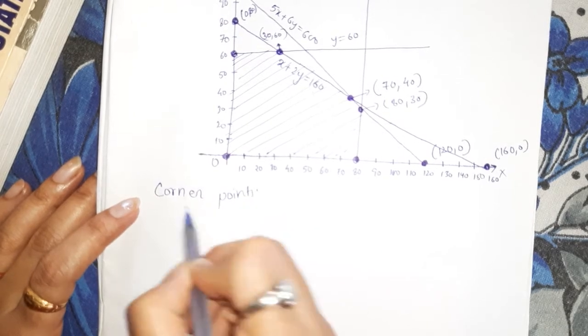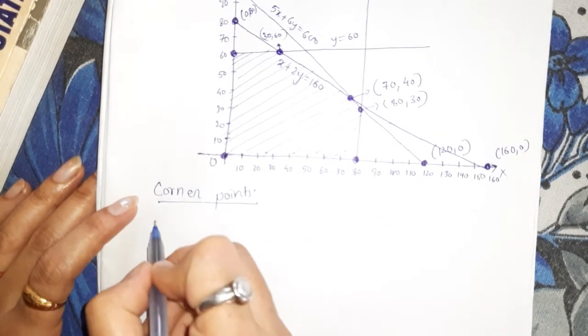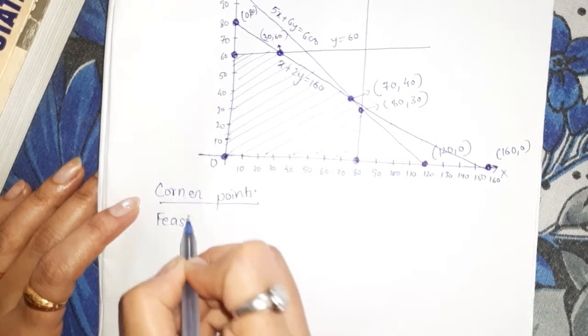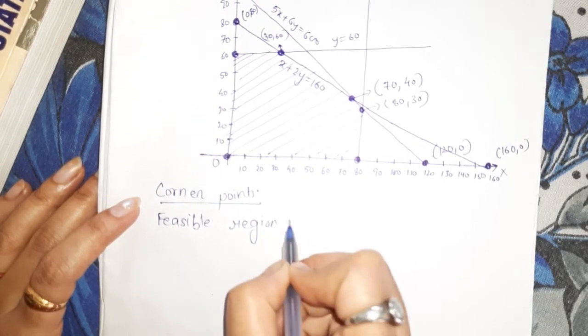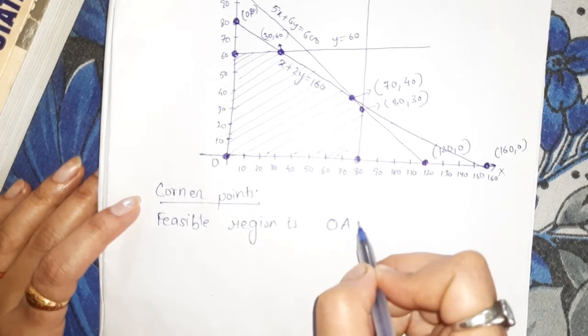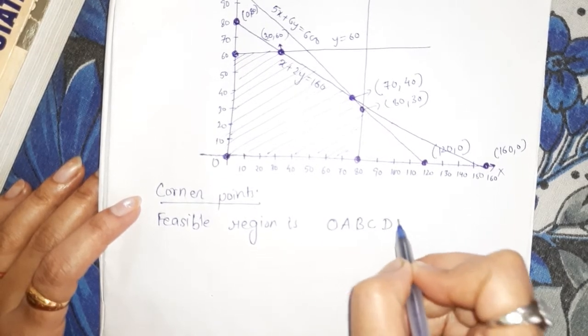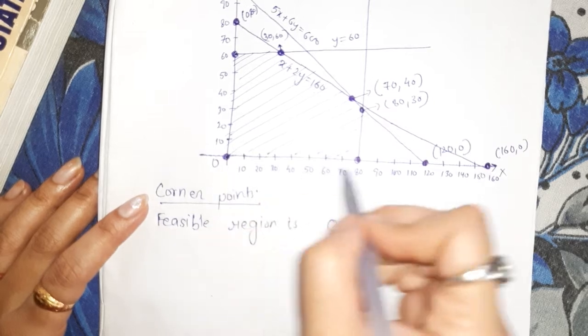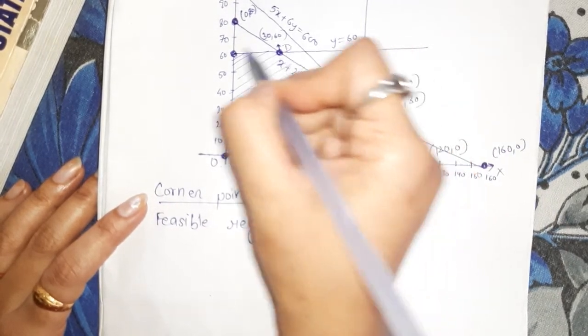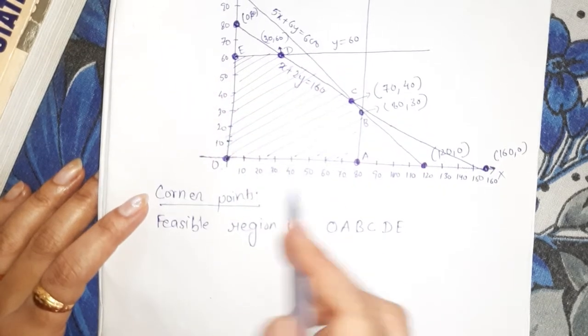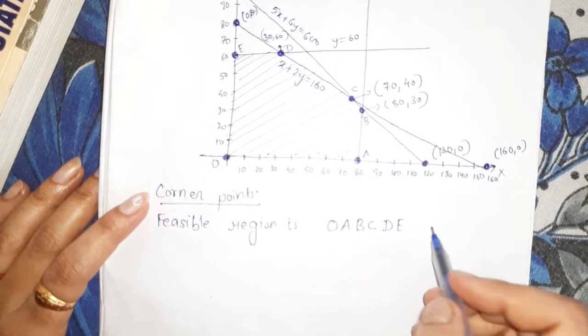Our corner points of the feasible region are O, A, B, C, D, E. This is the feasible region.